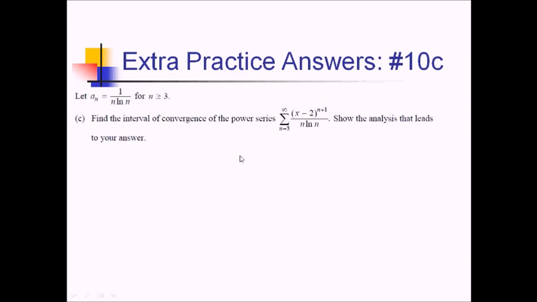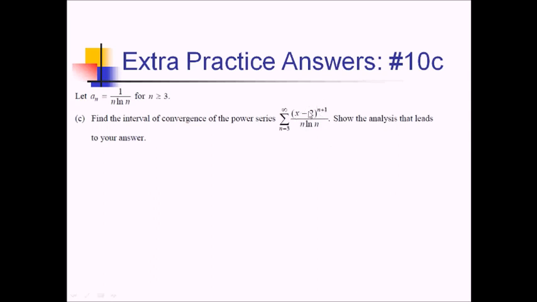For this last part of the problem, they want us to find the interval of convergence for this crazy looking series here. So this is something different than we've seen before. This is not a geometric series by any stretch of the imagination, so we need the ratio test to start this thing off. So I'm going to use the limit as n approaches infinity of the absolute value of the n plus 1th term of this.